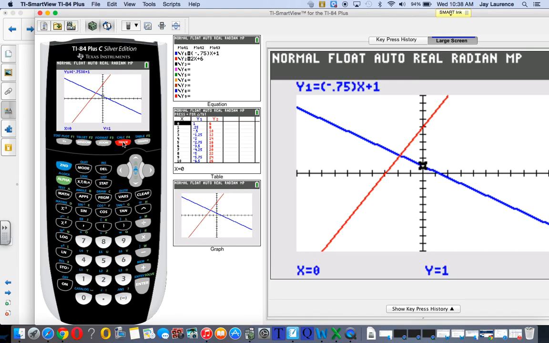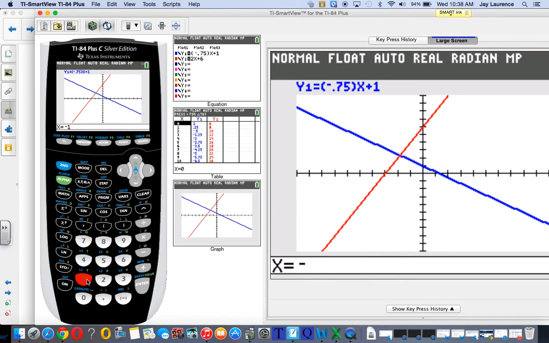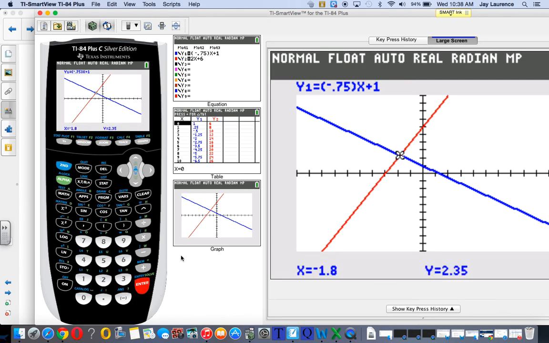I'm going to hit trace. Okay. And I'm going to try to get where they're right on top of each other here. And it looks like it might be about negative 1.8. Okay, let's type in negative 1.8, 1 and 8/10. Notice I'm on the blue line. And I get 2 and 35/100ths.